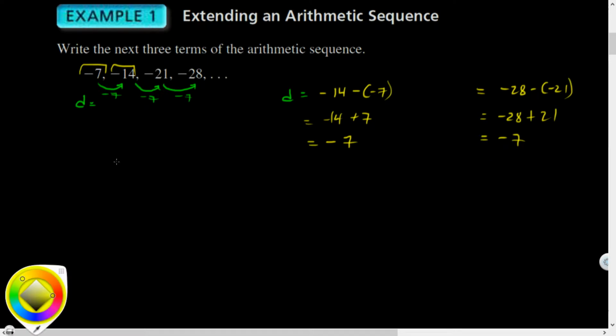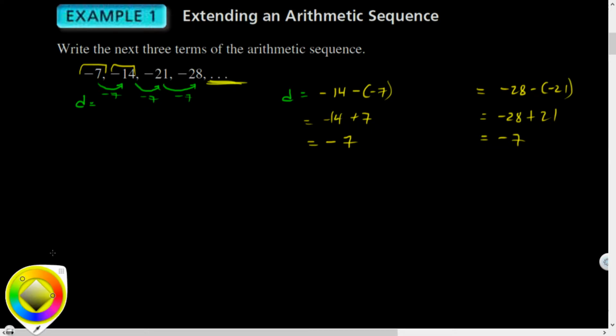Now, what if I want to find the next term in this pattern? How could I find that? What are we doing? Subtracting 7, right? It's becoming more negative. So 7 more in the negative direction, or subtracting 7 from negative 28.